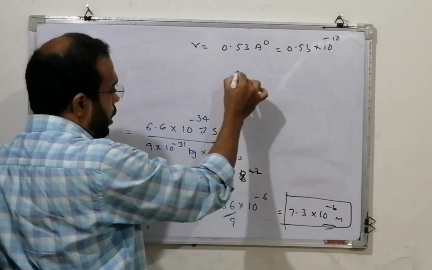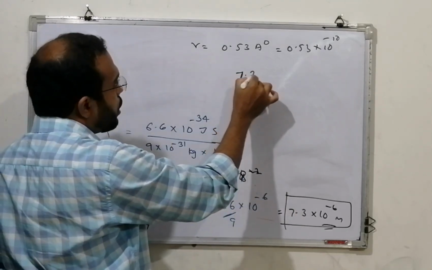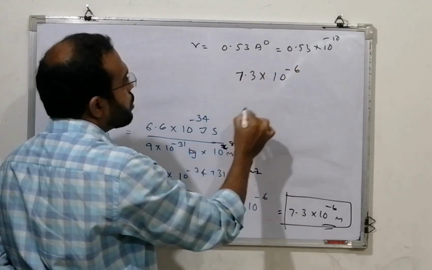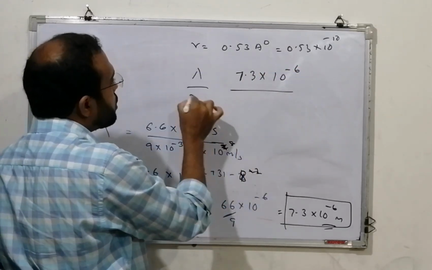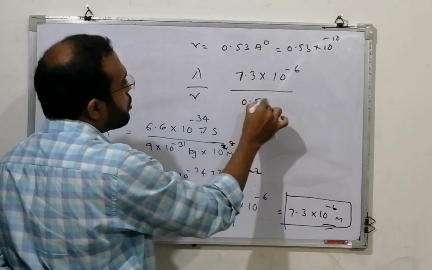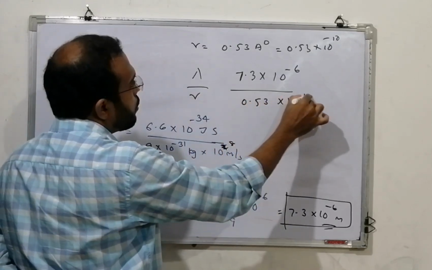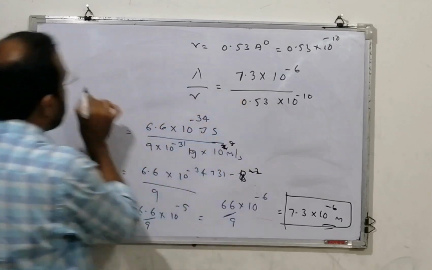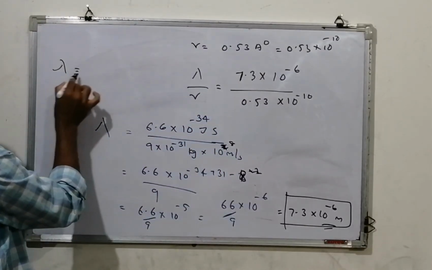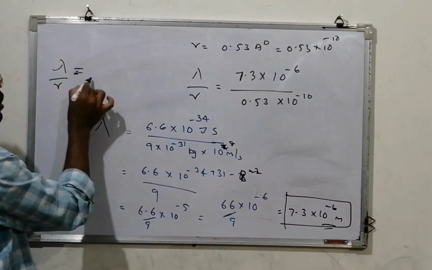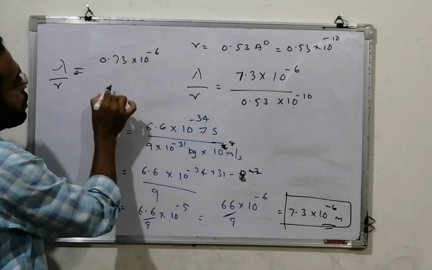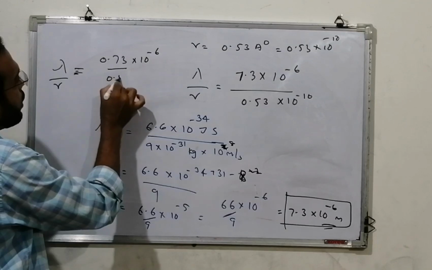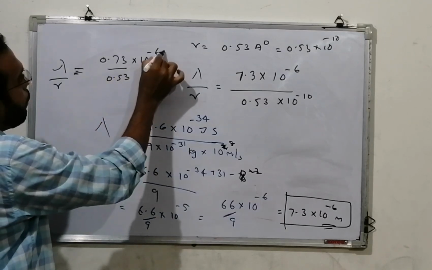Wavelength of an electron is 7.3 into 10 raised to minus 6, and radius of an atom is 0.53 into 10 raised to minus 10. Wavelength by radius is equal to 0.73 into 10 raised to minus 6 divided by 0.53 into 10 raised to minus 10.